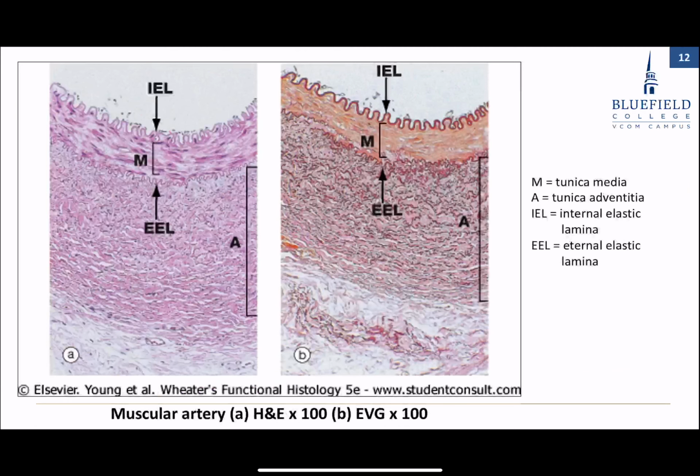On the other hand, if I was right now running on a treadmill, I need extra blood going to my lower extremities. I'm not going to send so much to my internal organs, so my superior and inferior mesenteric arteries, my splenic arteries, and so on are going to be constricted, sending less blood there, so more can go to my legs.